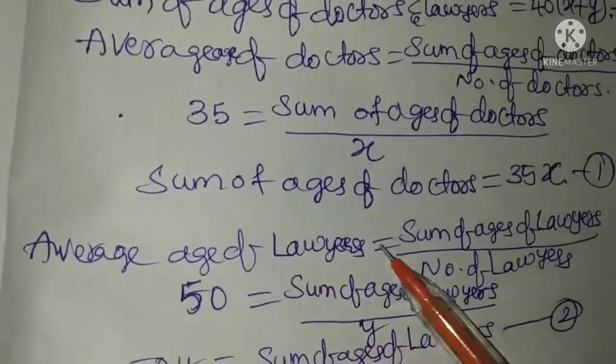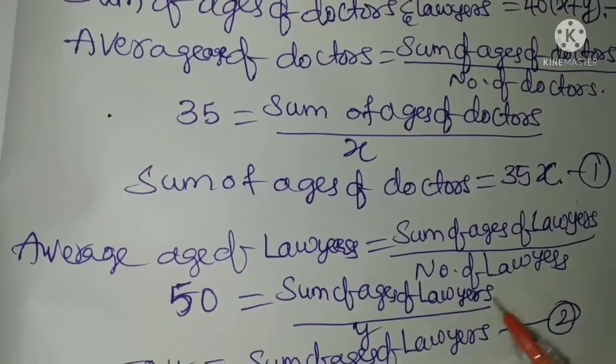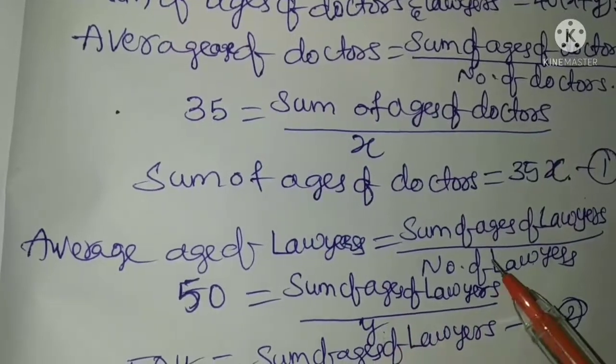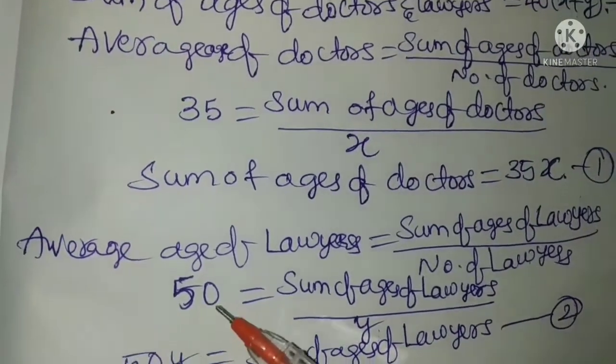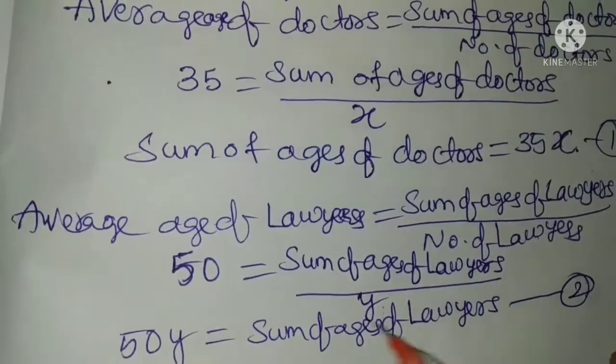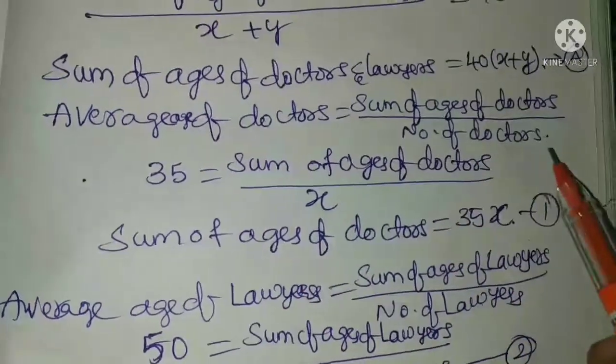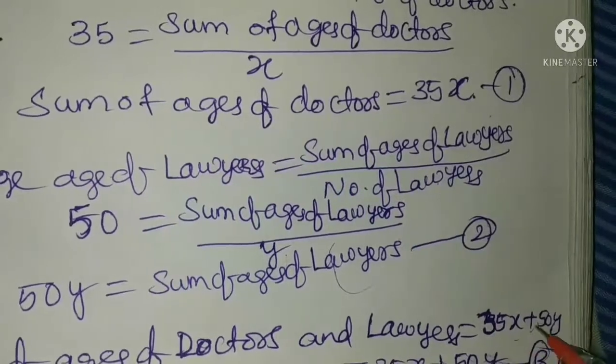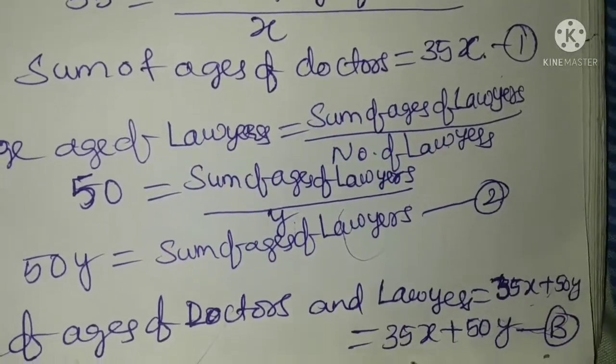Average age of lawyers is the sum of ages of lawyers by the number of lawyers, that is y. 50 is given, so the sum of ages of lawyers is 50y. Sum of ages of doctors is 35x, and if we add them, we get 35x plus 50y. Let us call this equation B.